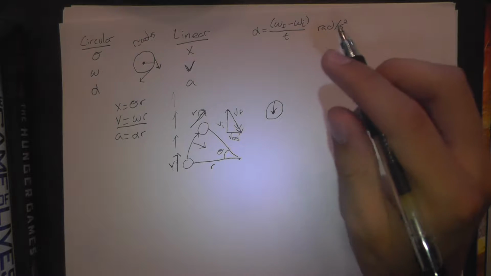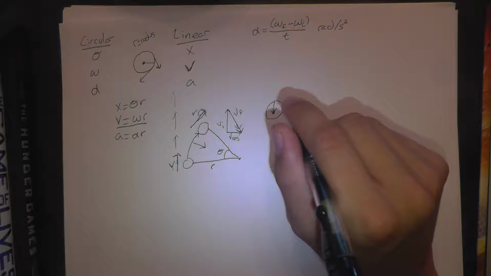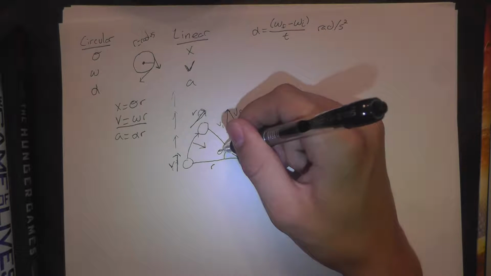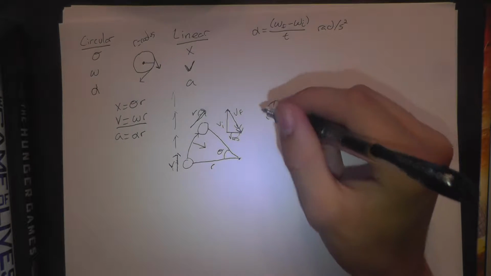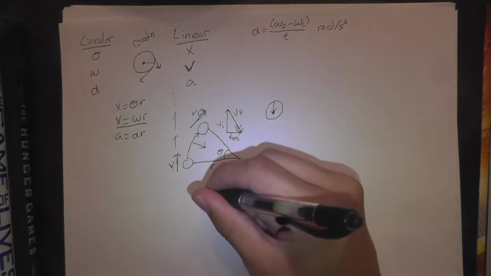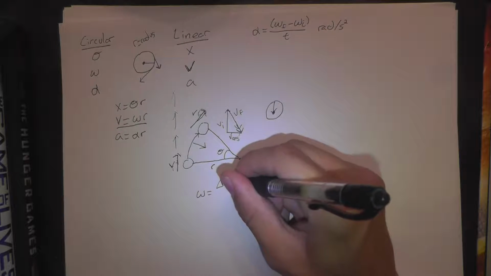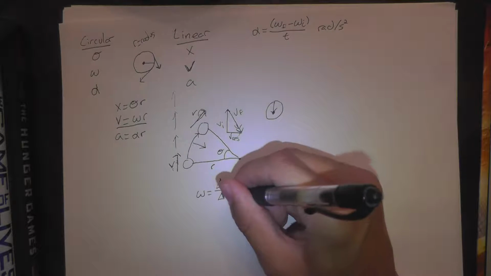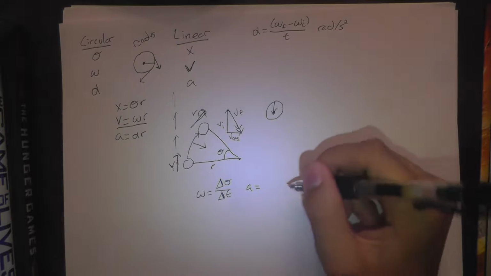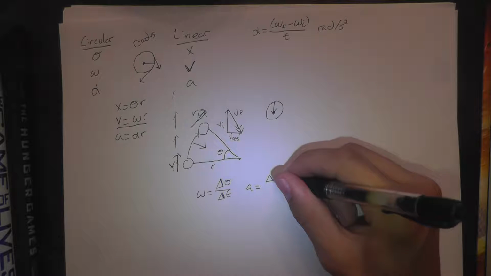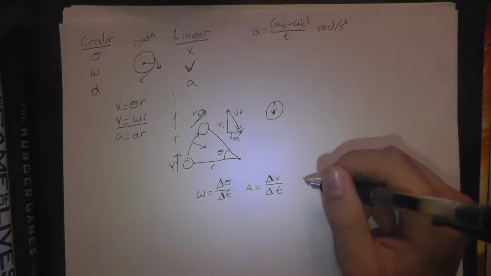And now, let's see what centripetal acceleration is exactly. Well, we've got a very small angular displacement here. We know that angular velocity is the change in angular displacement over the change in time. And we know that our typical acceleration is going to equal the change in velocity over the change in time, right?